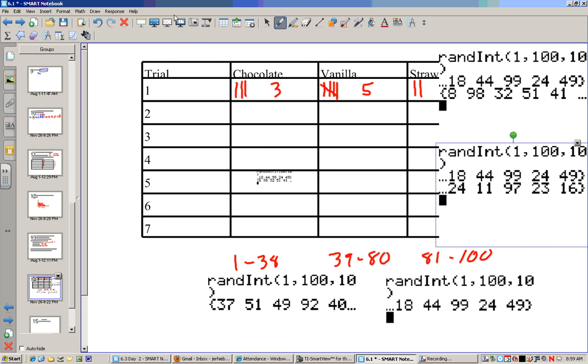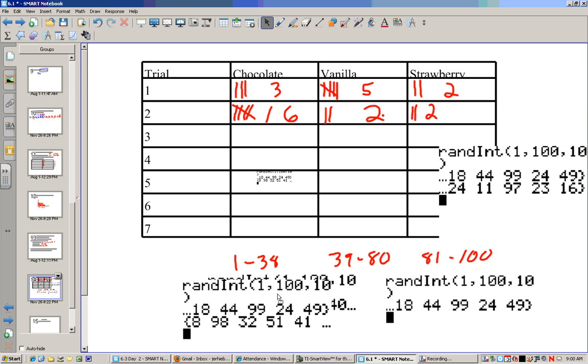We could do this by 8, 98, 32, 51, 41, 24, 11, 97, 23, and 16. So on that time, we had 6 people, 2, and 2.